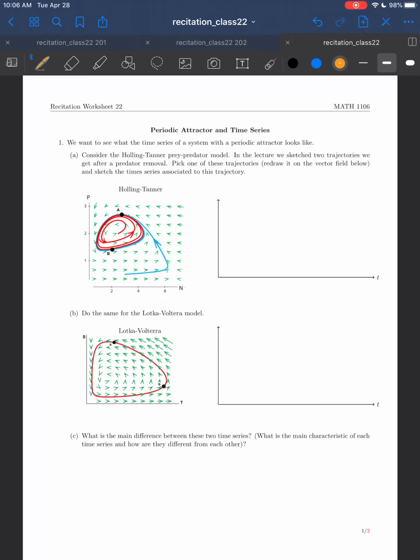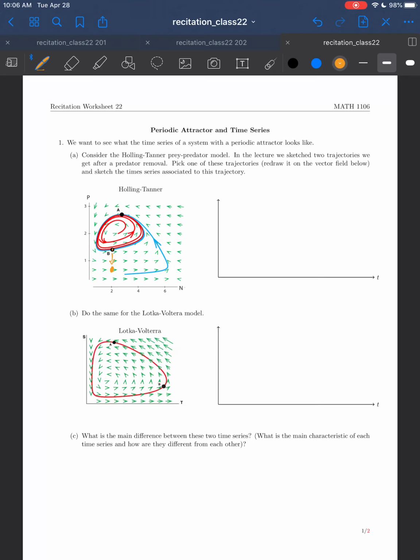So you can choose A or B, but just because it's going to be a little bit easier to draw, I'm going to do my predator removal at B. Okay, so we start with B. We're going to remove some predators. So let's say we end up at this point, and we want to know what trajectory we are going to follow.